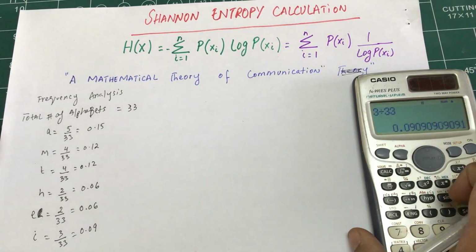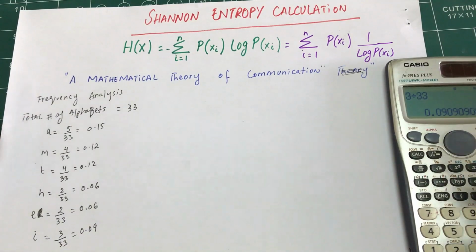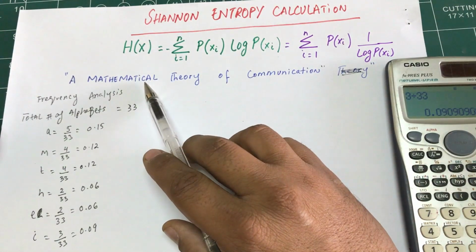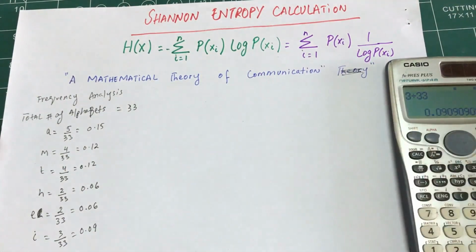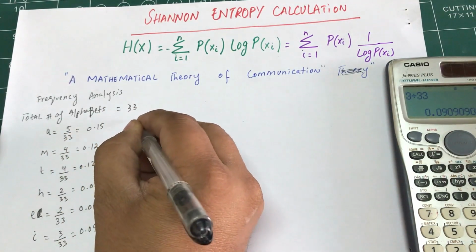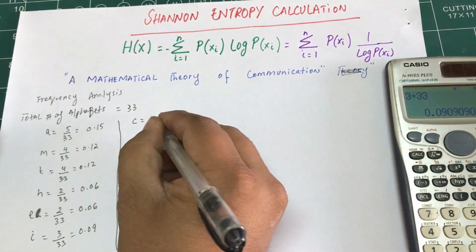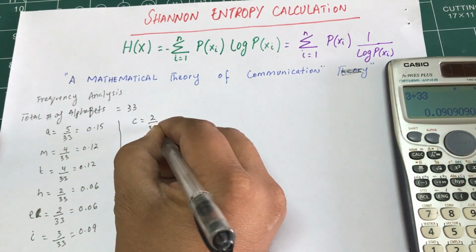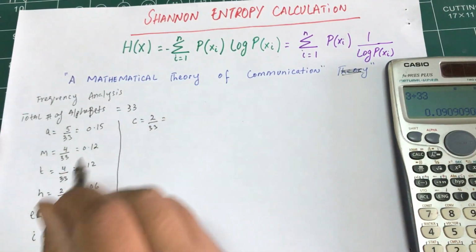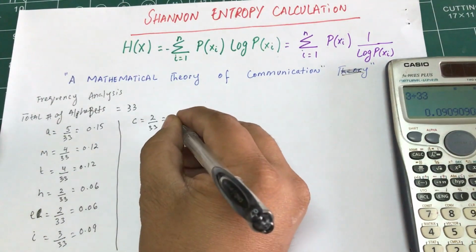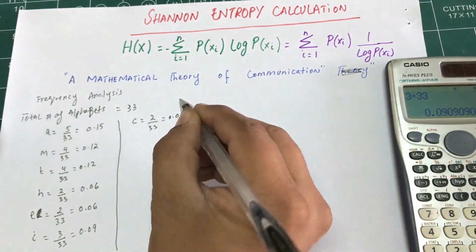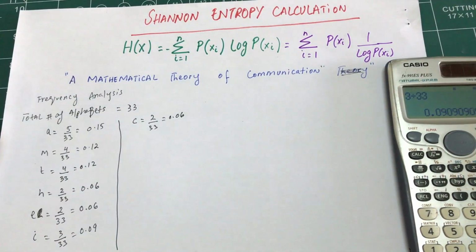So we have I. How about C? C has occurred 1, 2 times. So C is equal to 2 divided by 33. So that would give me 0.06. All right, so far so good.